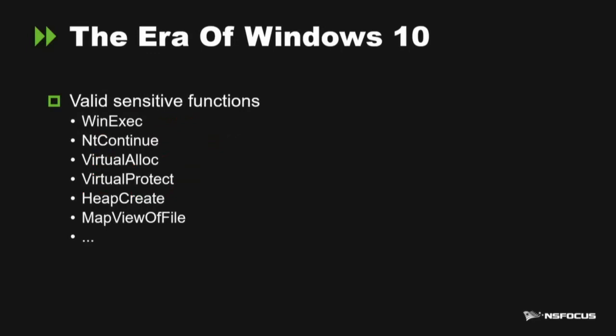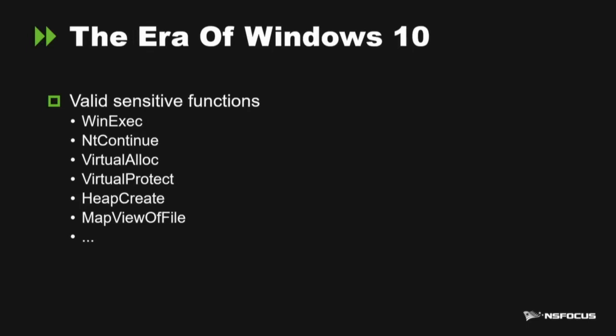The other adversary technique is to use valid sensitive functions such as WinExec, NtContinue, VirtualAlloc, VirtualProtect, HeapCreate, MapViewOfFile, etc. That will be a very, very long list of such sensitive functions.